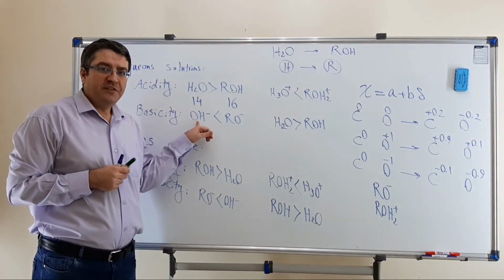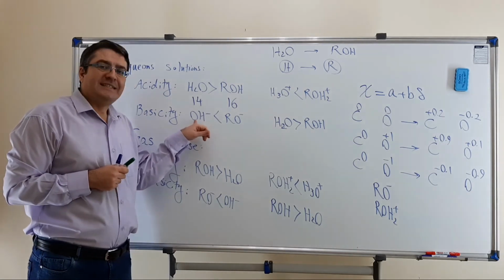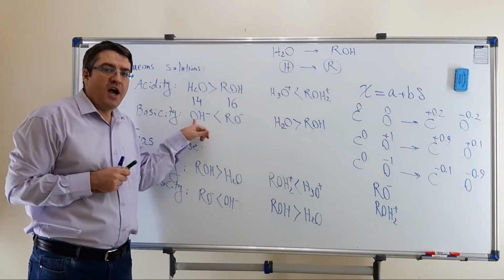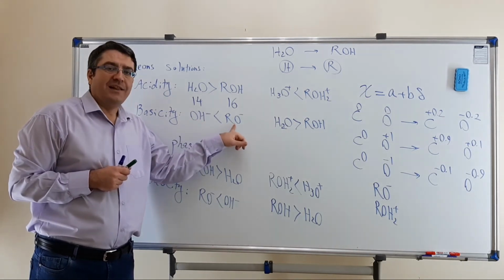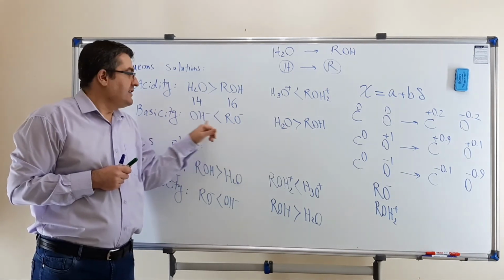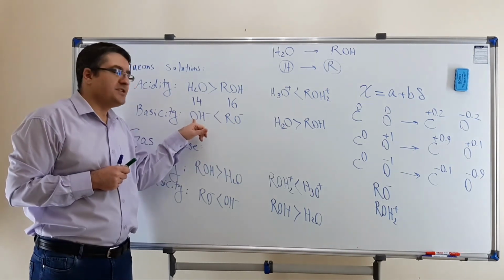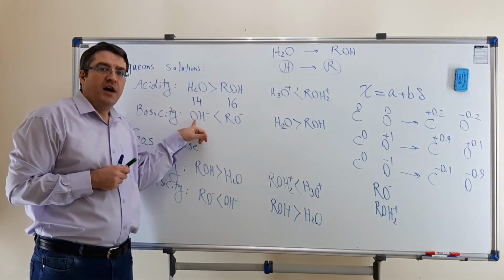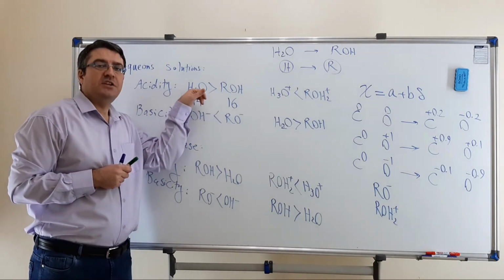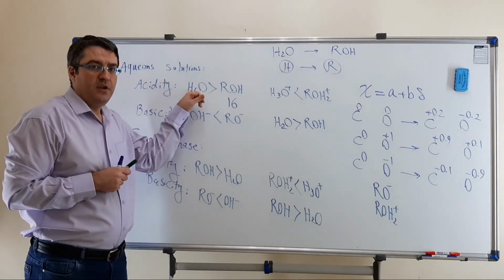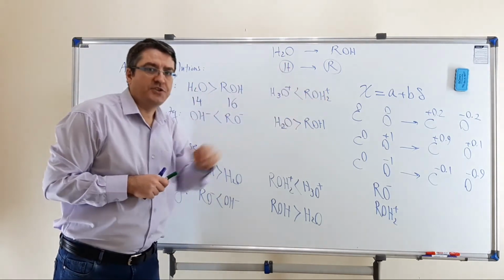Here, solvation effects by water stabilize hydroxide anion more than alkoxide anion. This stabilization reduces the basicity of hydroxide and increases the acidity of its conjugate acid. And you can have similar discussions here.